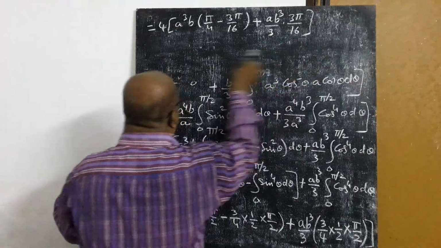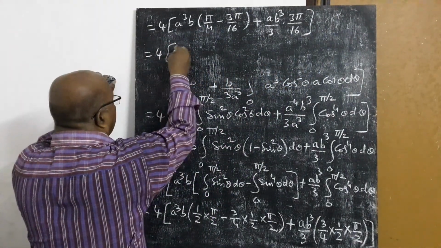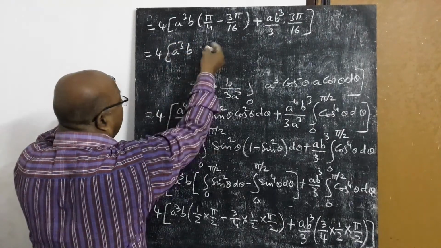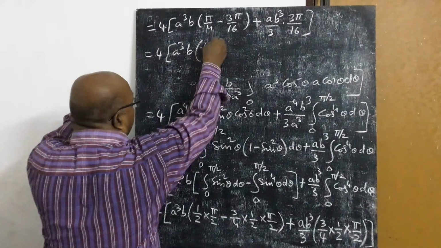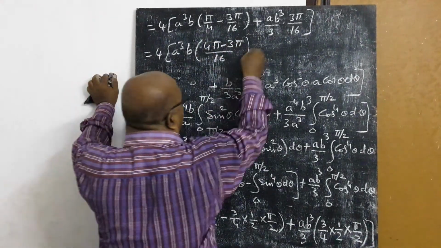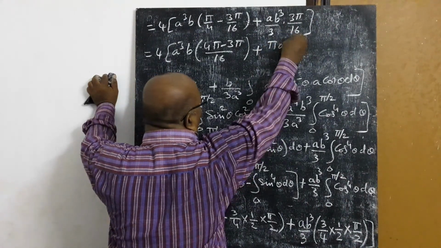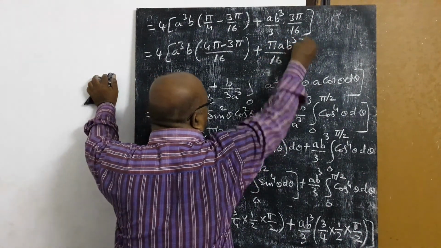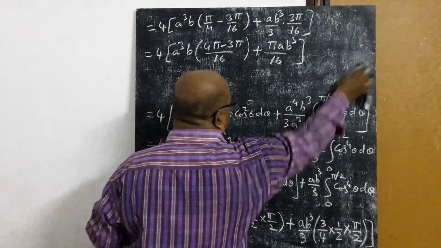Next step we get 4 into a cube b, LCM 16, 4 pi minus 3 pi by 16. This 3 cancel, pi ab cube by 16, plus pi a cube b by 16.